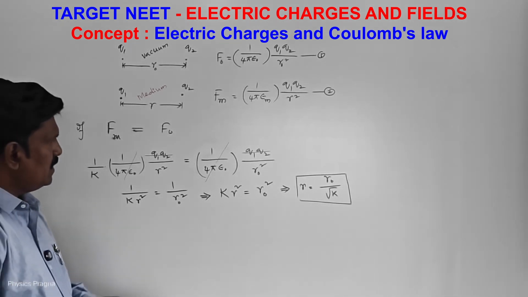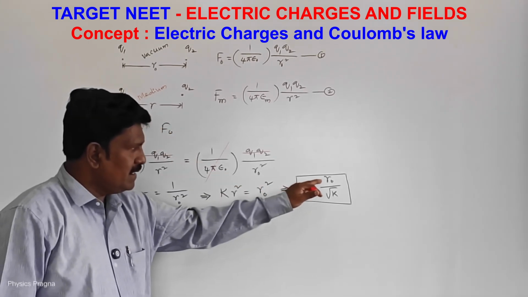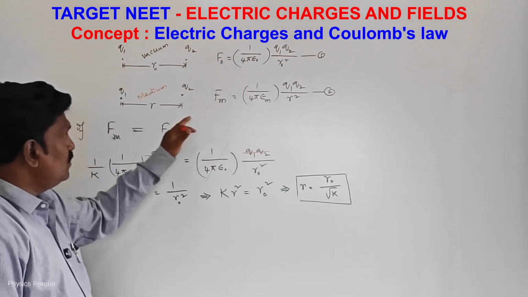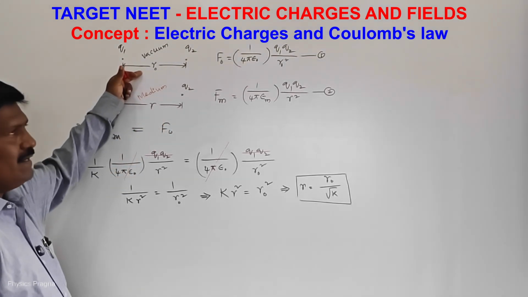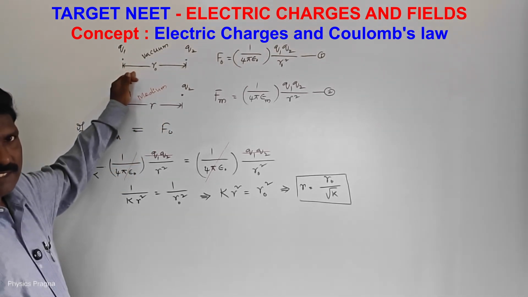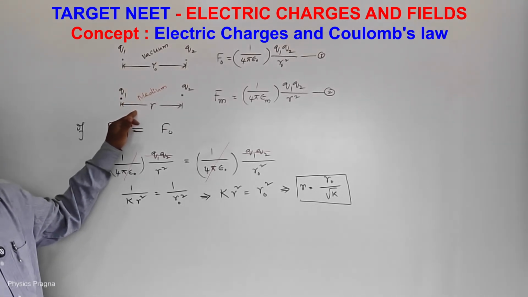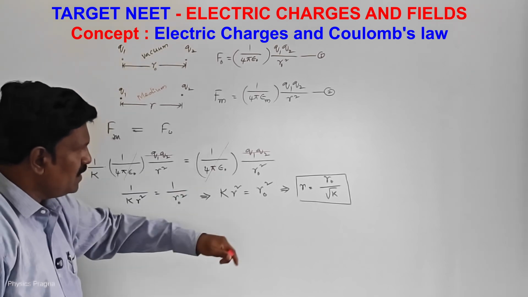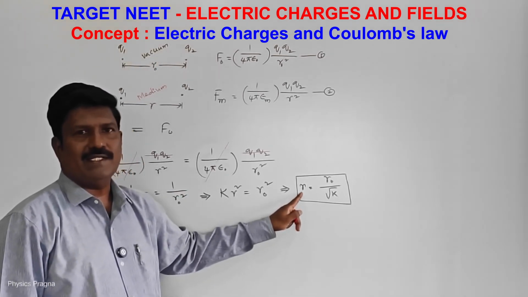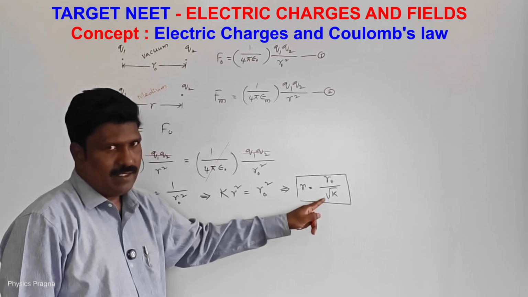Even though some medium is there between the charges, the force when vacuum is present between the charges and the force when a medium is present between the charges are both equal if the distance between the charges in the medium is equal to r naught by root k.